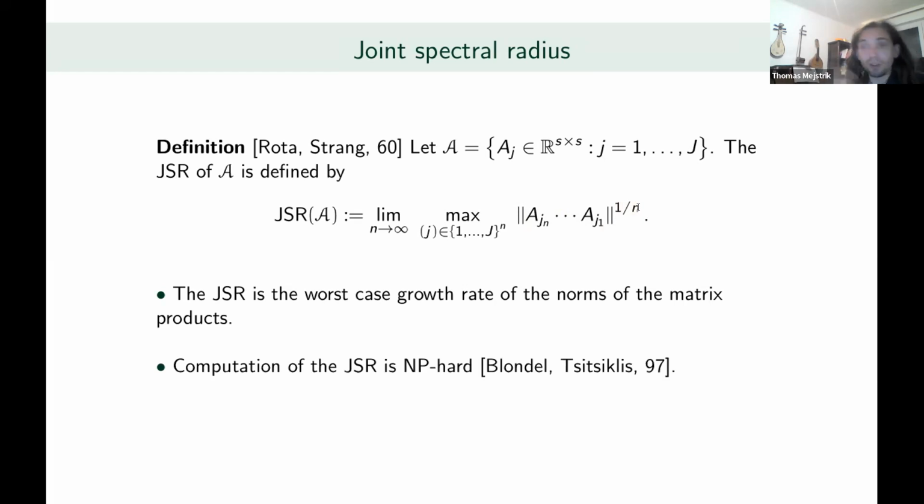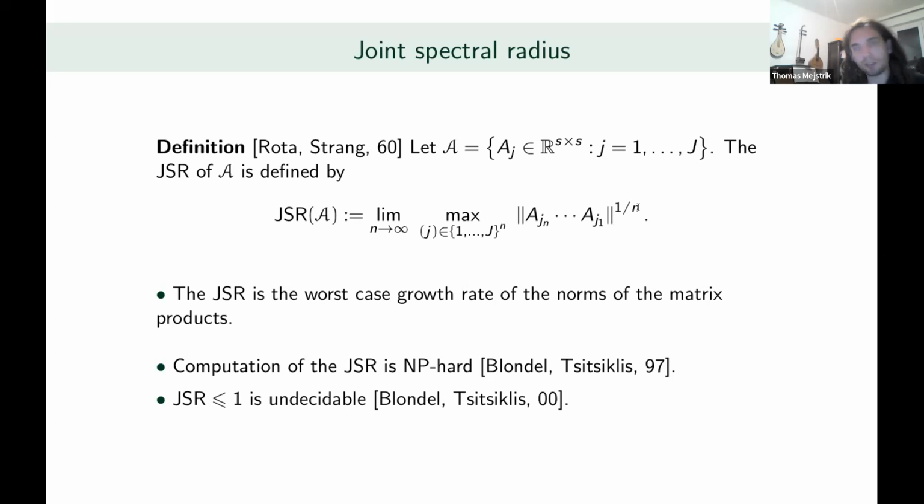Except if you're really optimistic, it's quite understandable that it is mostly an NP-hard problem, which it is because the number of matrix products of length n increases exponentially with n. But it's actually even harder. For example, the question whether the joint spectral radius of a given set is less or equal than 1 is undecidable.